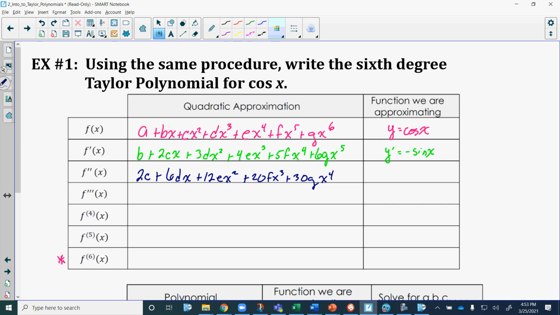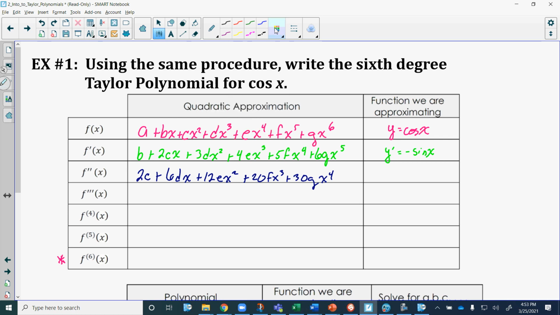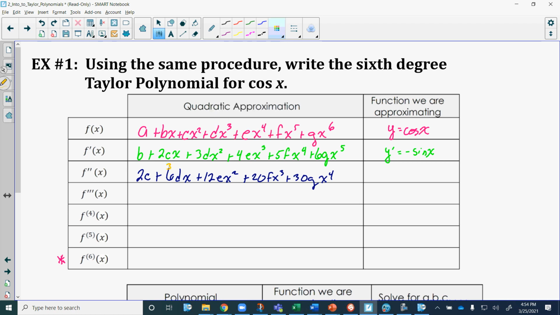Now, what I want to do, and let me pick a brighter color here so the difference is very distinct, something that I think you can see on your devices. Instead of writing 6 dx, when I took the derivative of 3 dx squared, I could have written it as 3 times 2 times dx.